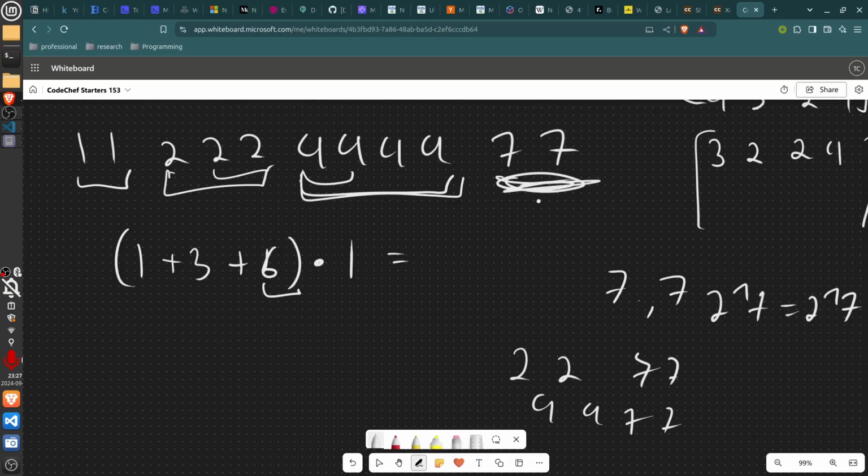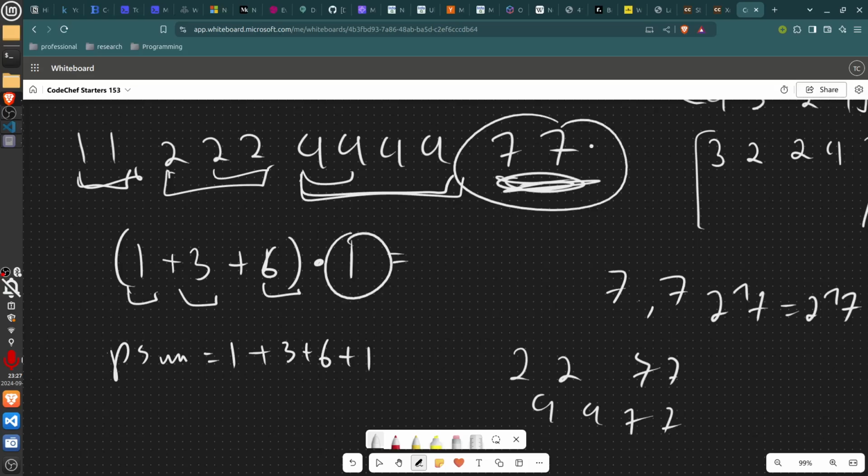And that's for the 7 itself. So all you have to do is keep this prefix sum of the number of ways as you iterate through. For instance, you'd update the prefix sum for the next one, 1 plus 3 plus 6 plus the one way to be able to pick 7 for whatever comes out here if you have 8s or something.